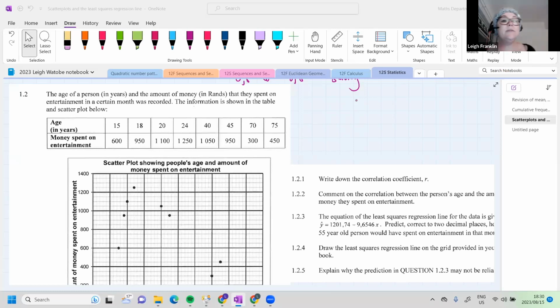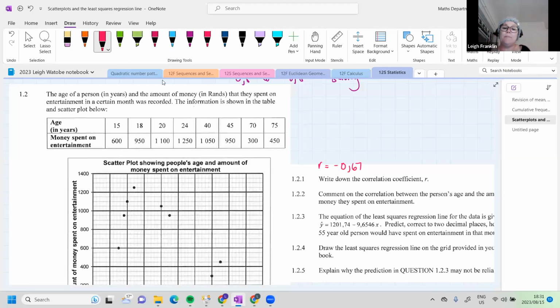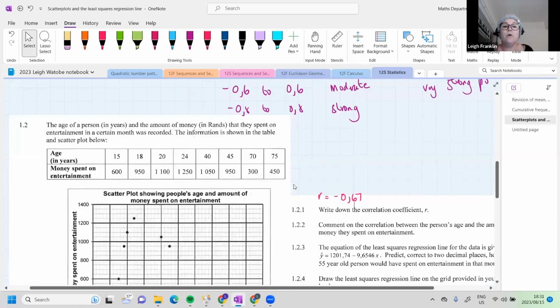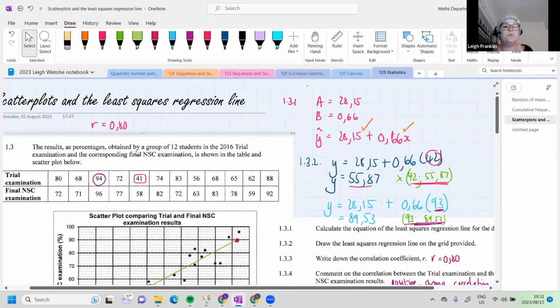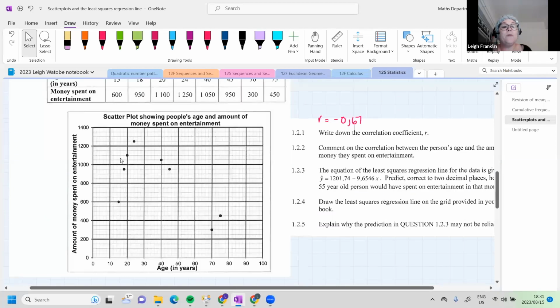So you can see in this situation here, we have got a correlation coefficient of negative 0.67. Look how much closer that number is to 0 compared to this one over here, which was 0.80. So here you can see those black dots are much closer to the green line than they would be to any kind of least squares regression line in this particular question.